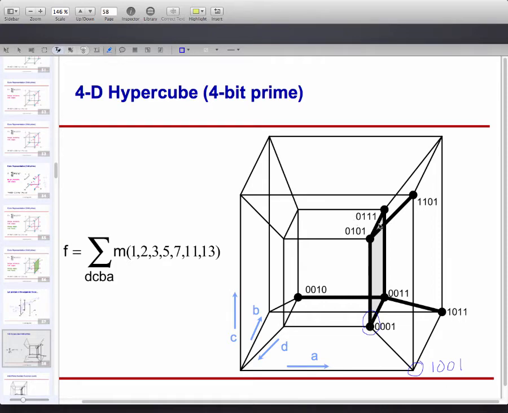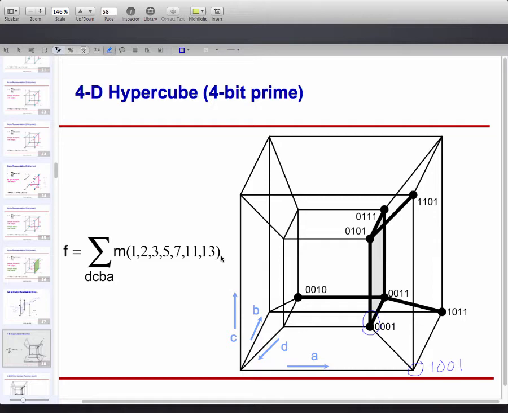You see 4 and 5 in the inner cube, and then we also have 2 in the outer cube, which corresponds to 11 and 13. So I have a total of 7 vertices where the function takes on the value 1.